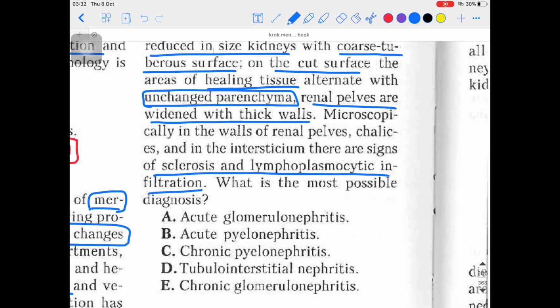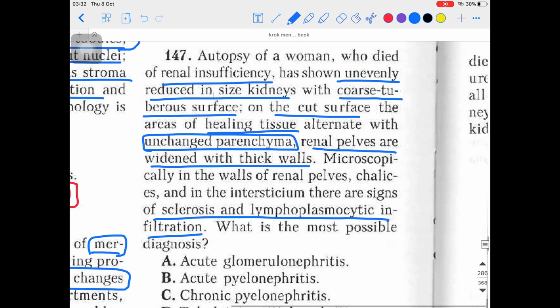I told you infiltration can be seen, however that can be seen in acute tubular necrosis also, in glomerulonephritis, and in pyelonephritis. That is not the distinguishing point. How to recognize that this question is talking about chronic pyelonephritis? Because of the unevenly reduced in size kidneys, the coarse tubular surface, and the main thing here, reduced in size kidneys. I told you the surface of the kidney will be irregularly scarred, so there will be scarring of the kidney surface.